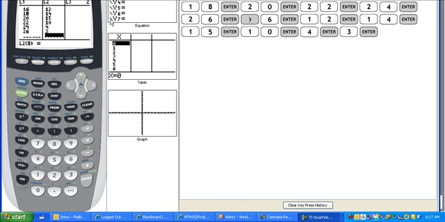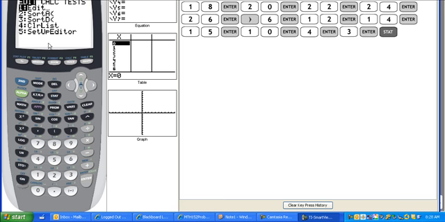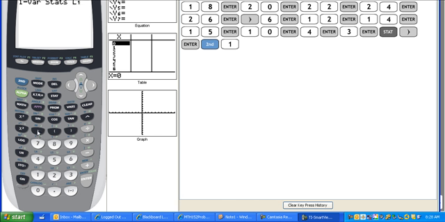Okay, now to find the mean and the standard deviation, as well as the range, we want to hit Stat, and we're going to go to Calc. So I'm going to move over, and I do want one variable stat, so I'm going to enter, but this time I have to tell it that we're using two columns: L1, comma, L2.